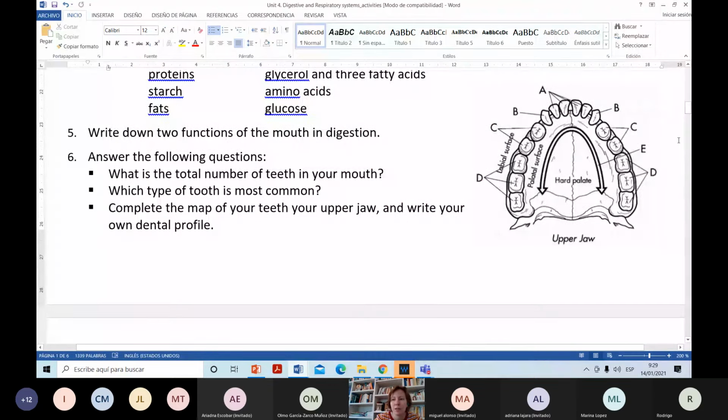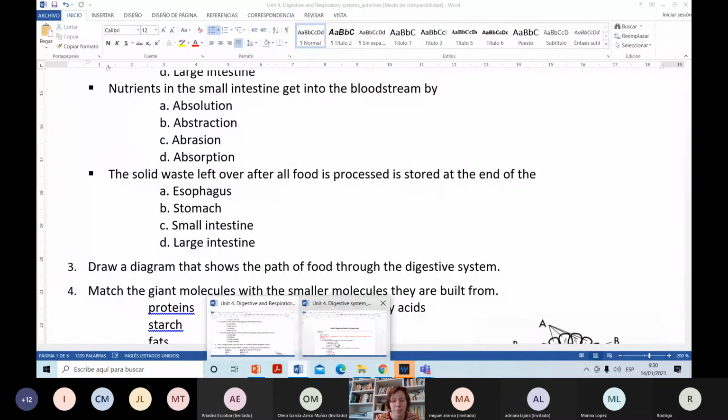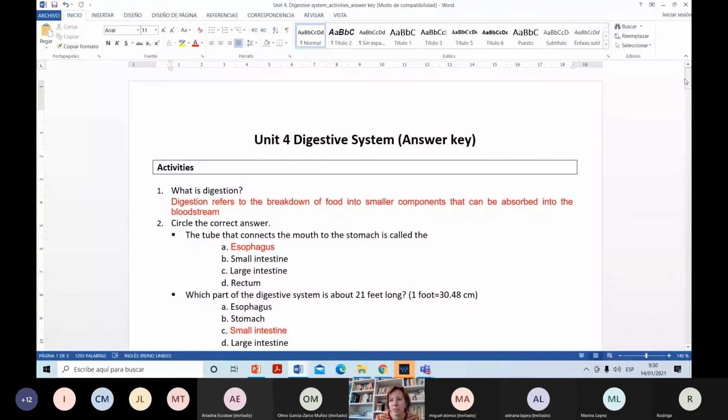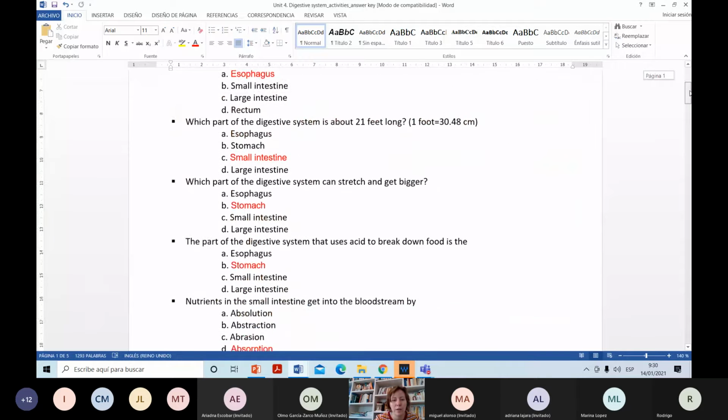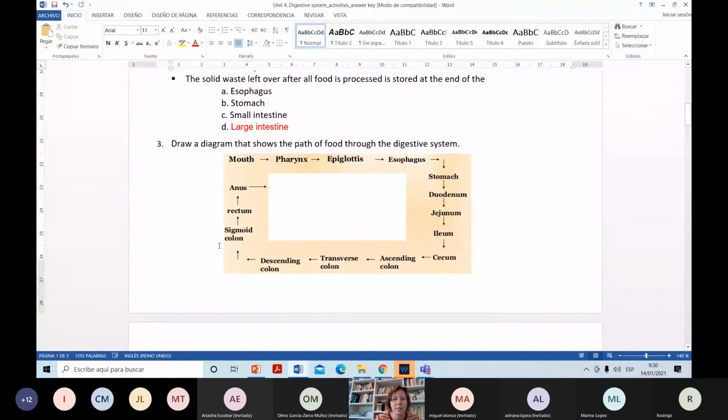So, because we just have to do the diagram, we don't need to make a picture of every organ, and the answer would be something similar to this. You've got all the right answers there, and that would be the answer for this activity. What is the diagram showing all the path? Well, this one includes everything.